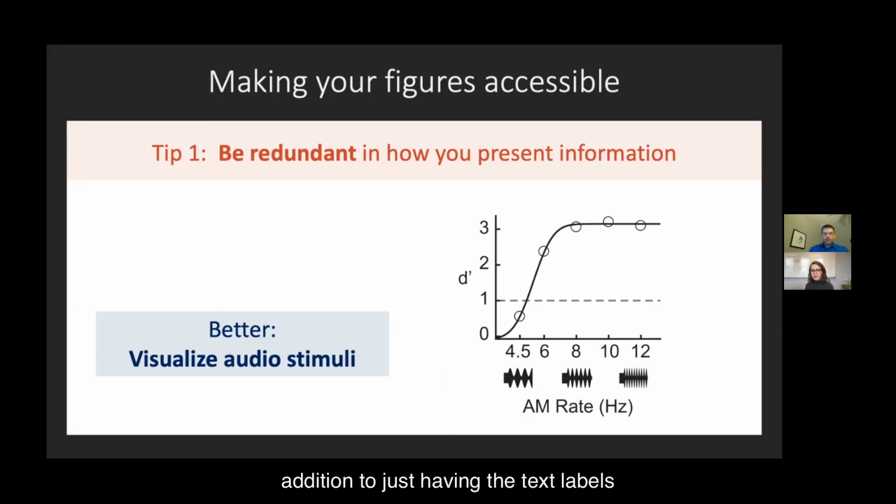So in addition to just having the text labels, it's also really helpful to have those rates visualized as well. And this is, again, an example of being redundant, and it really helps your viewer if they can't see as well or hear as well, they'll be able to interpret the data that you show them.